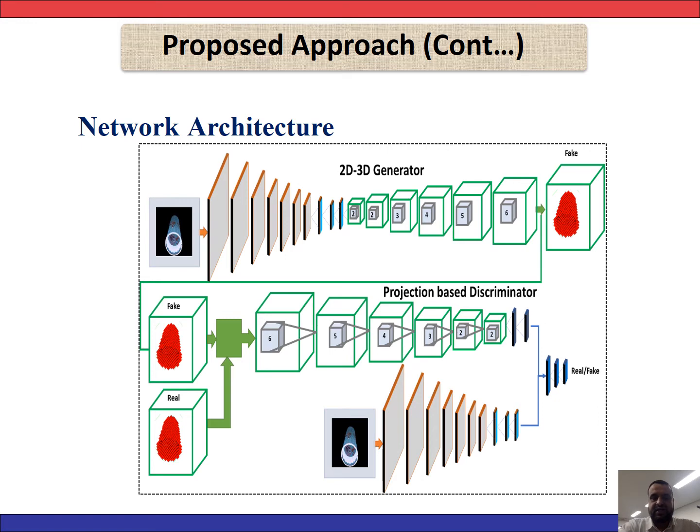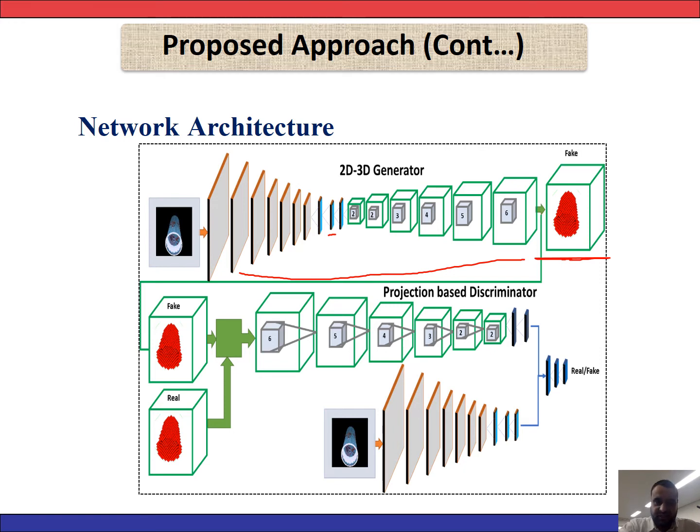This is the overall architecture of this 2D to 3D transformation network. As I said, we used the generative adversarial network architecture for this specific task. This is the generator part which takes 2D as input, transforms it into its corresponding latent representation and then generates a 3D object. Now in the discriminator part, the typical generative adversarial network takes either a pair of real images or fake images.